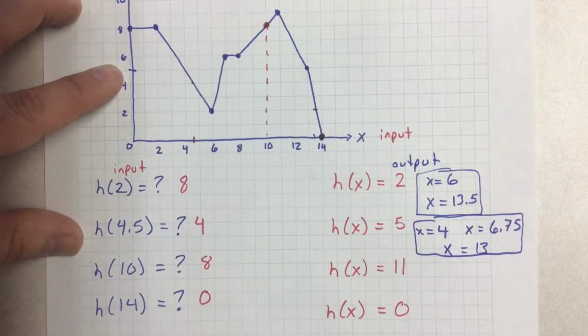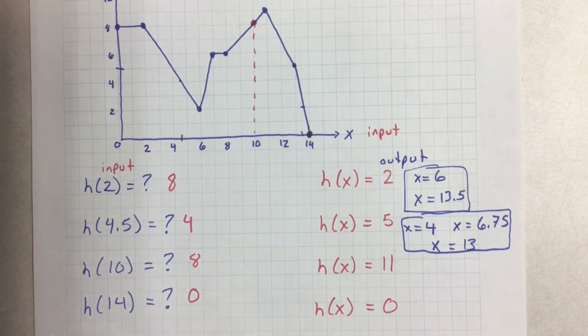So take a moment now and find the inputs for an output of 11 and an output of 0.